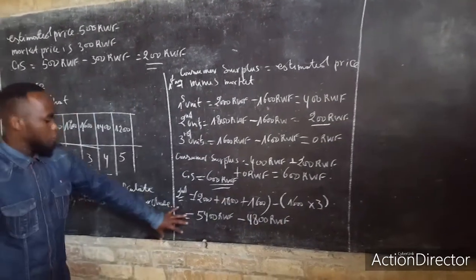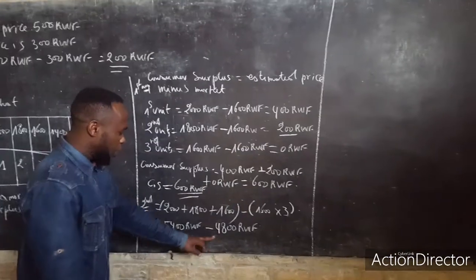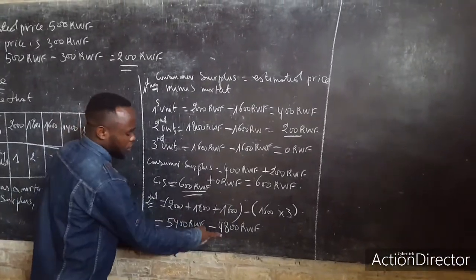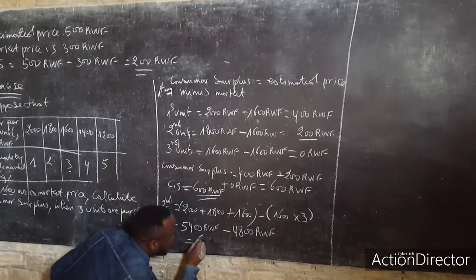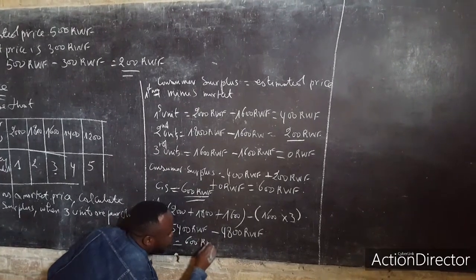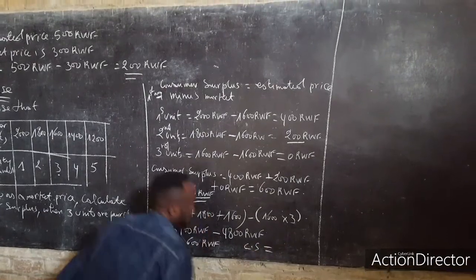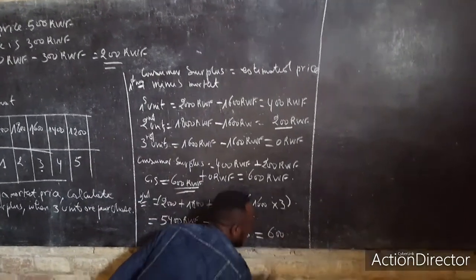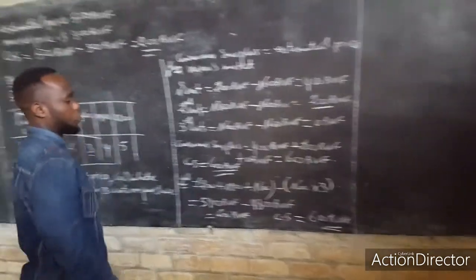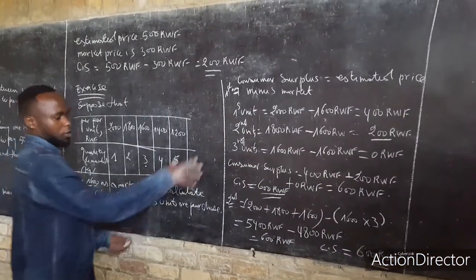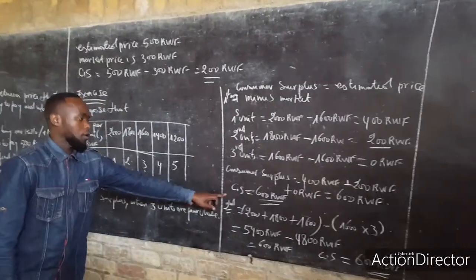When we take 5,400 Rwandan francs minus 4,800 Rwandan francs is equal to 600 Rwandan francs. Meaning that consumer surplus is equal to 600 Rwandan francs. In this situation, the consumer will enjoy 600 Rwandan francs. This is the second way.